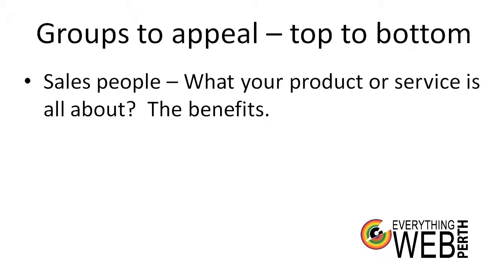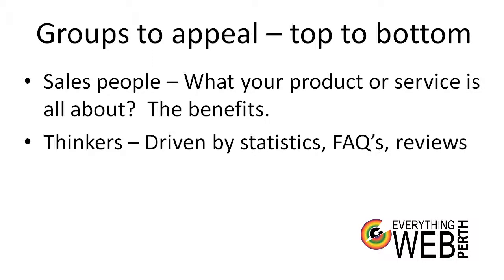The first group are salespeople. They want to know quickly what your product or service is all about and the benefits. I'm going to dive deeper into these groups in just a minute. Then we've got thinkers. Thinkers usually are driven by statistics, facts, FAQs, questions, reviews, and so forth. Basically content.